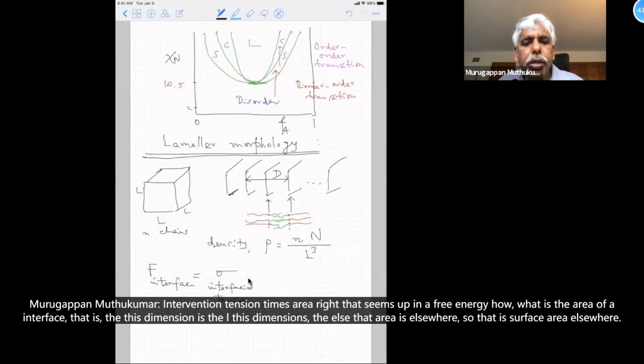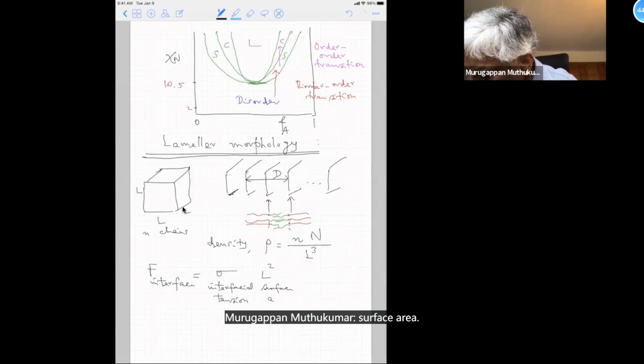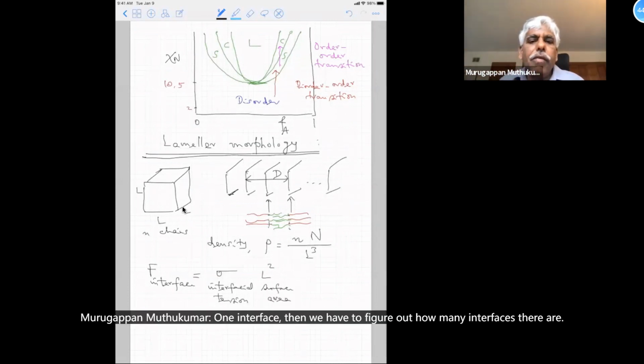That's the interfacial free energy. What is the area of an interface? This dimension is L, this dimension is L, so that area is L squared. So that is the surface area, L squared, per one interface.